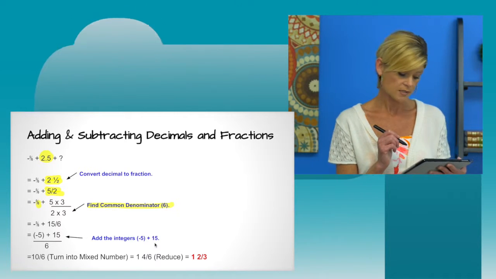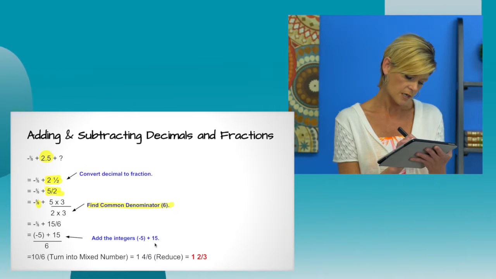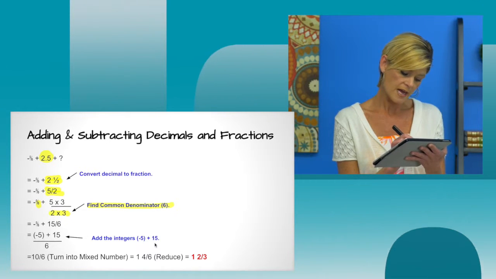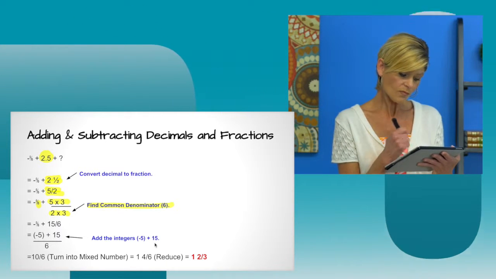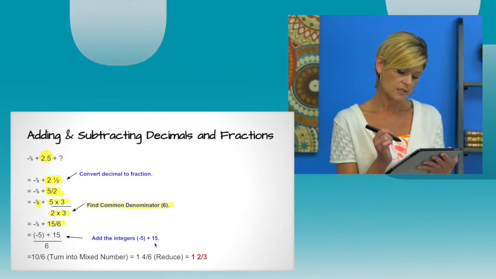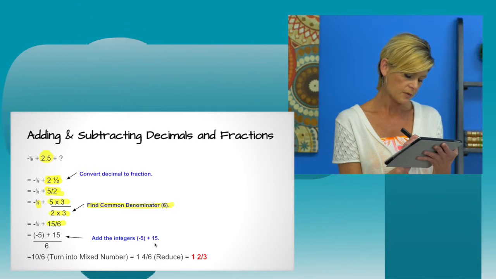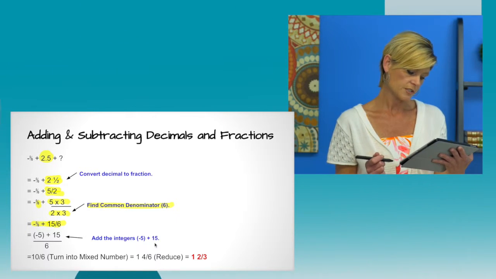We've got negative 5/6. And remember, anything I do to the denominator, so my 2 is going to get multiplied by 3, so my 5 is going to have to be multiplied by 3 as well. And then I simply multiply to find out what my new fraction is when I get my common denominator, 6. And my problem now reads negative 5/6 plus 15 over 6.